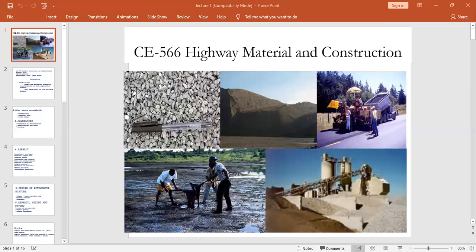But in cement concrete, you not only have a longitudinal joint along the lanes, but you have a transverse joint to take care of thermal expansion. Why? Because the thermal expansion of asphalt concrete is much less than the thermal expansion of cement concrete. That's why we need a transverse joint in the rigid concrete pavement.